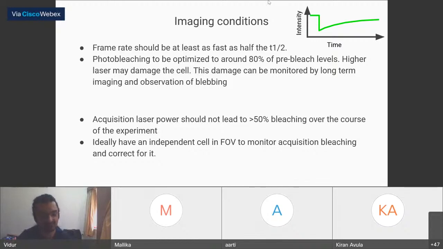Okay, so for whoever asked that question, you can look at a recent paper from our group, the first author, Sudeep Mondal, the same person, microfluidics, where we bleach a non-moving mitochondria and look at a moving mitochondria to see how much it contributes to the non-moving mitochondria.